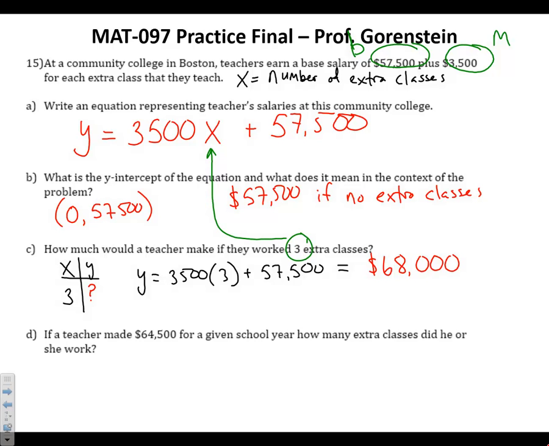Part D, if a teacher made $64,500 for a given school year, how many extra classes did he or she work? Just to make sure, if you're given a number, make sure you're attaching it to the right variable. In part C, number of classes is x. In part D, total salary is y.